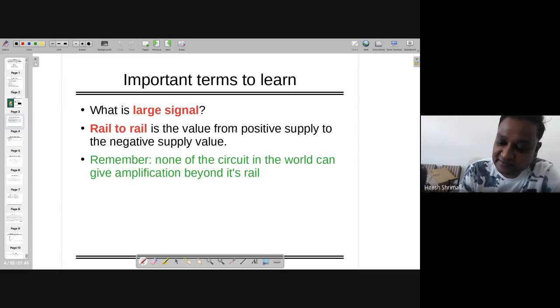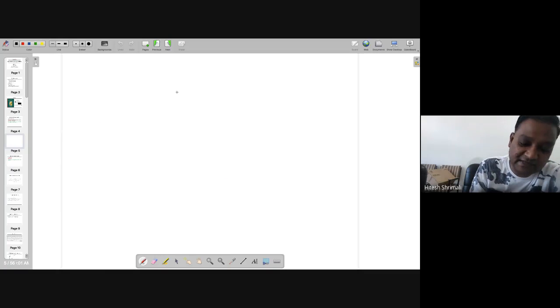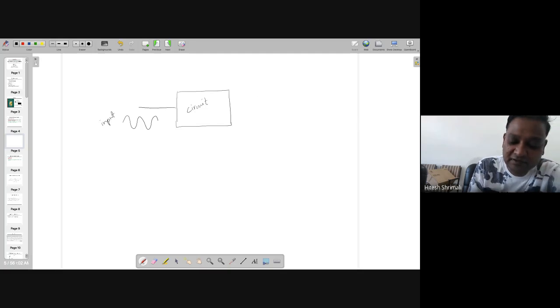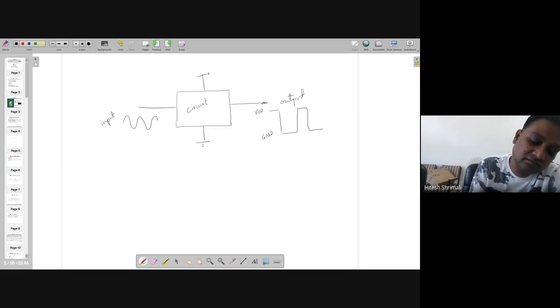It says that the output of any circuit, if you are giving the input and looking at the output, if the output reaches VDD and ground, then that particular signal is a large signal.